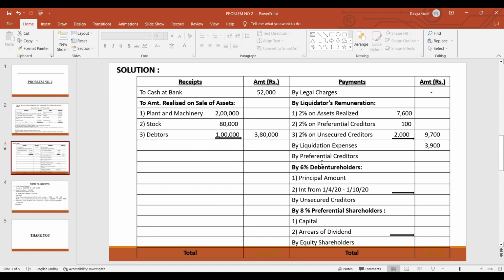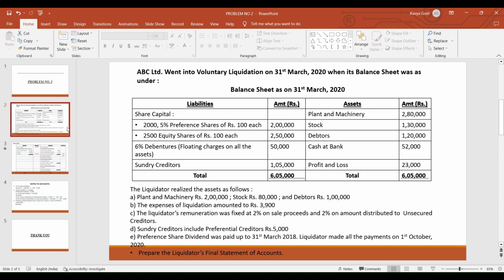Now, after liquidation expenses we record debenture holders first, but in this case on debentures we have a floating charge. And what does floating charge mean? It means that when the floating charges are there on the assets, we record the preferential creditors first instead of the debenture holders.